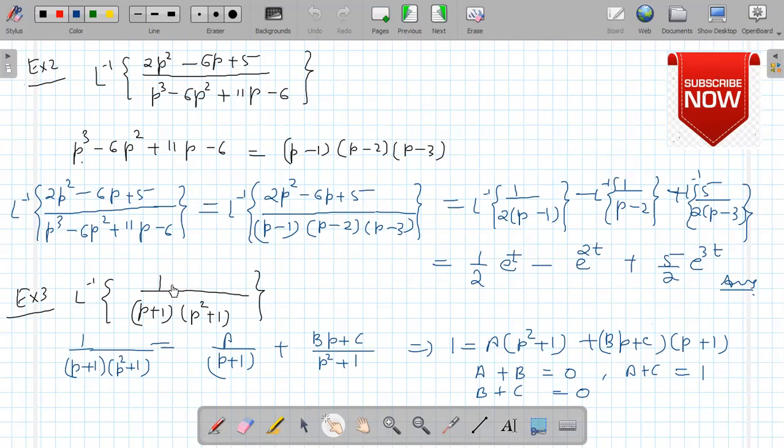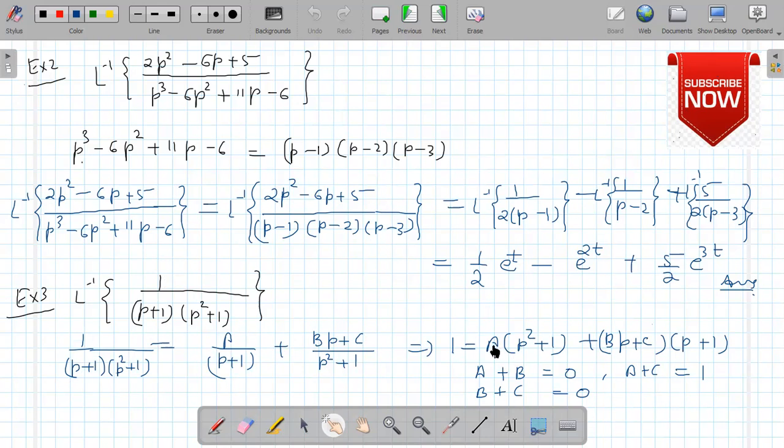Another example is Laplace inverse of 1 upon (p plus 1) into (p square plus 1). Since this p square plus 1 is quadratic, the partial fractions would be of the type a upon (p plus 1) for this, and for this it is (bp plus c) upon (p square plus 1). So we get this equation.